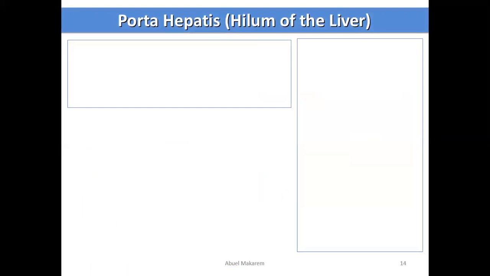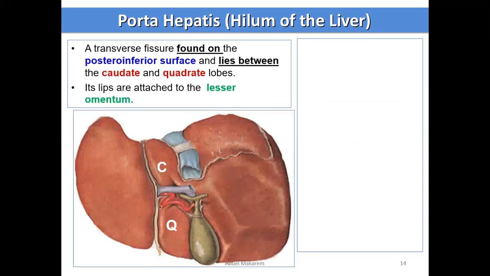Now coming to the porta hepatis, that is the hilum of the liver. Every organ has a hilum. What is a hilum? That is the root of the organ where structures enter or come out. Here, this is the hilum of the liver, which has a specific name, the porta hepatis.